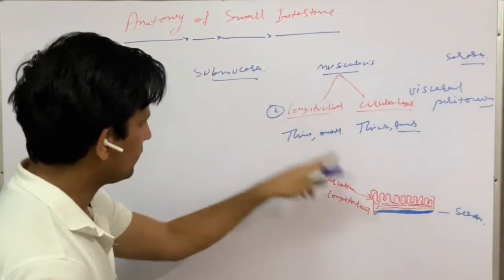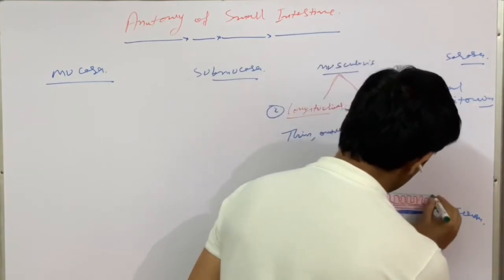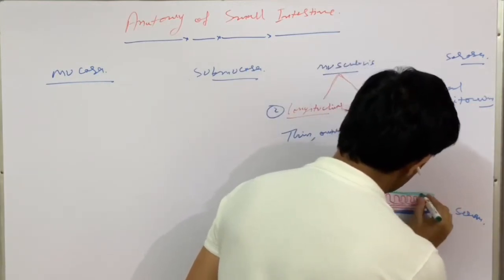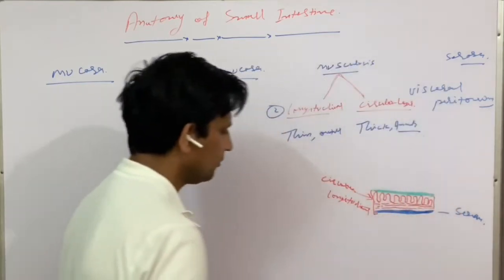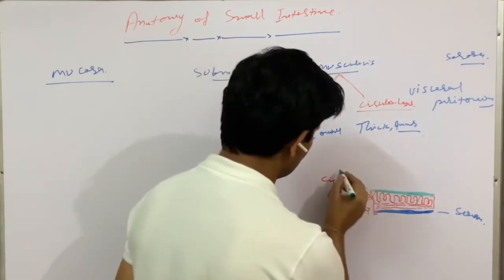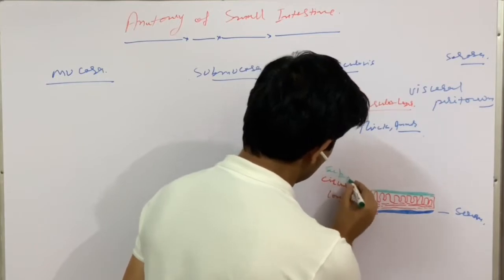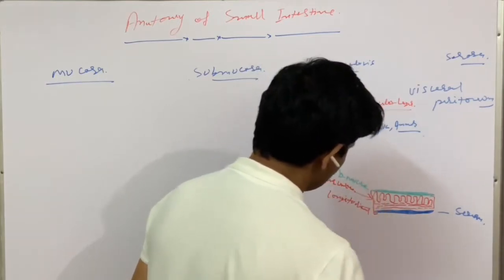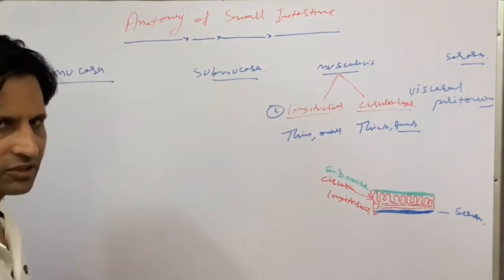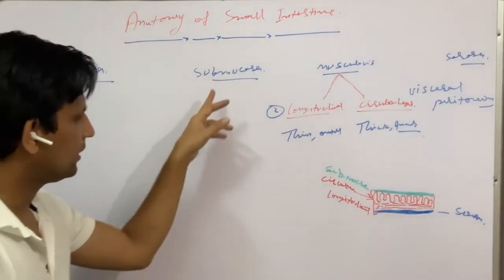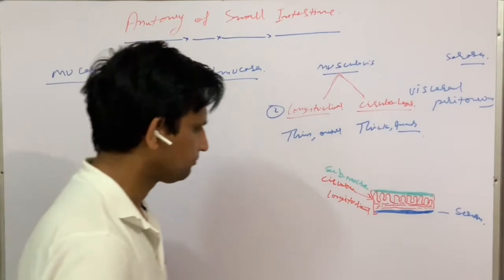Inner to this muscularis layer, there is the submucosa, and we should draw it like this. The submucosa just connects the mucosa to the muscularis. Okay, so it's also a very thin layer. Although some structures related to the mucosa can penetrate or extend into the submucosa, right?